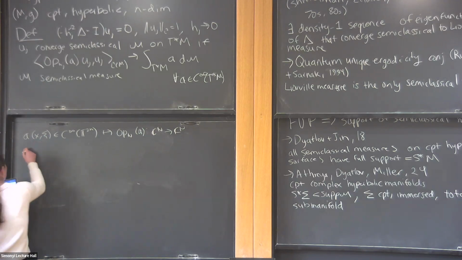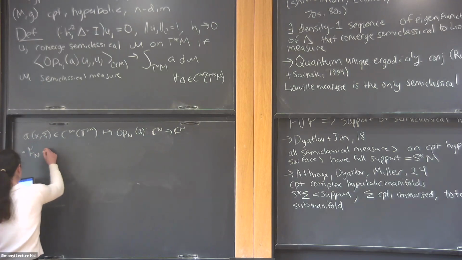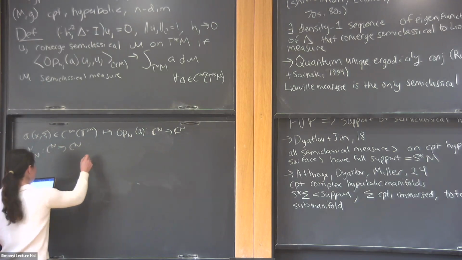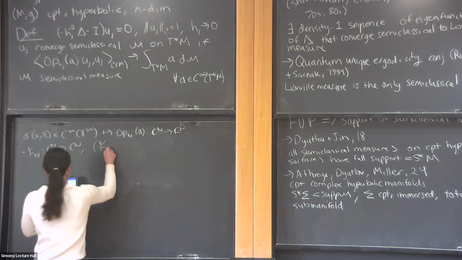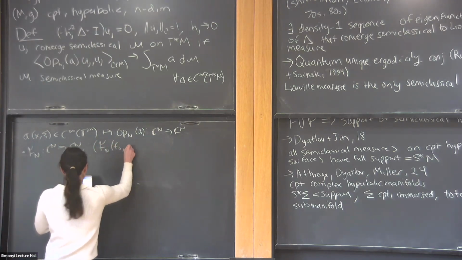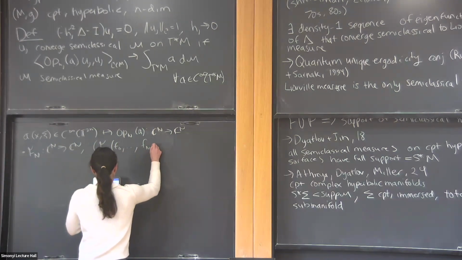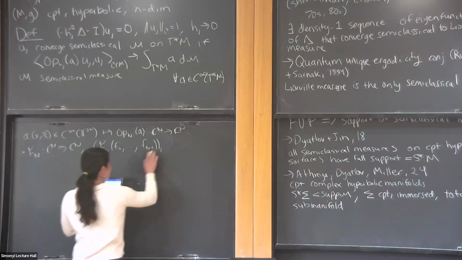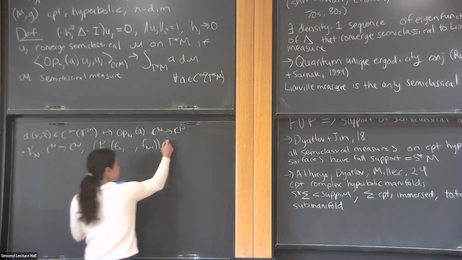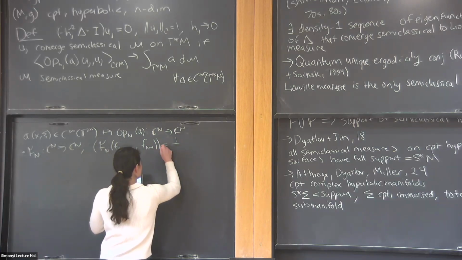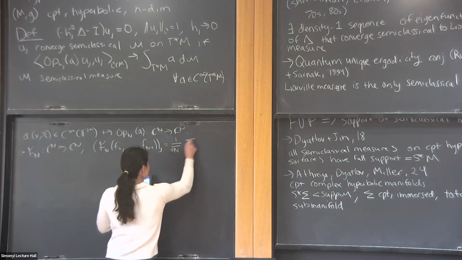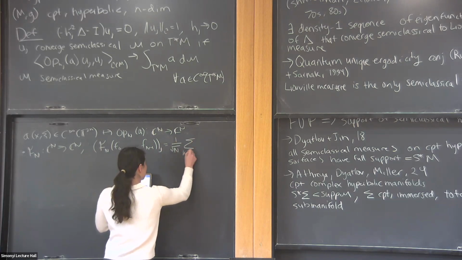So in this case, this is a discrete model. I'm going to have a discrete Fourier transform. So this is F_n, which sends complex vectors to complex vectors, and it's given by the following explicit form. So I'm looking at the jth coordinate. So it's a normalization constant in the front, and then the following sum.